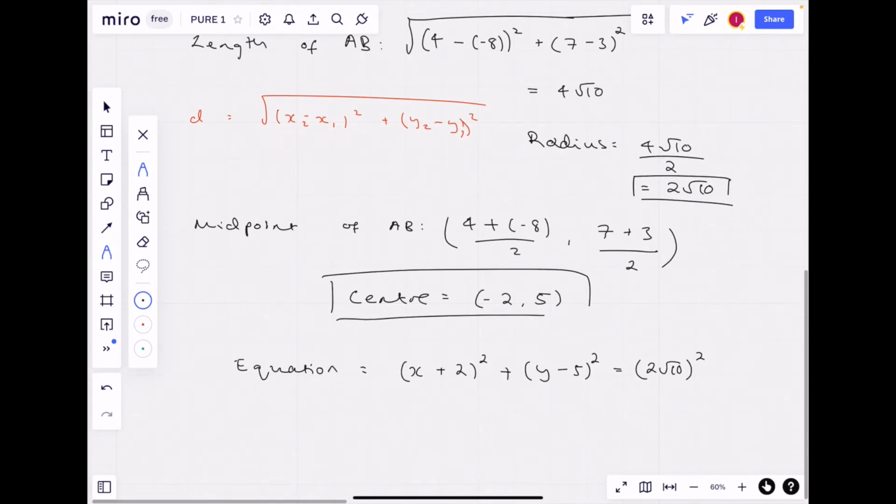Sorry, plus in the middle. That (2 root 10) all squared can be written as 40. So (x plus 2) all squared plus (y minus 5) all squared equals 40. That's how that works.